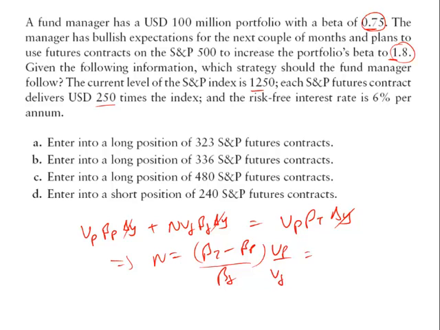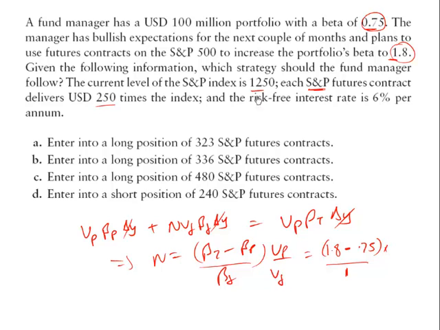All the inputs are given, so we now need only substitute. Beta of the target is given to be 1.8. Beta of the portfolio is given to be 0.75. Beta of the futures is not given, but we are given that these are S&P futures contracts. So beta of the market is close to 1. Hence we can assume that the beta of the futures is 1 since the futures are on the S&P 500, that is a broad market index.